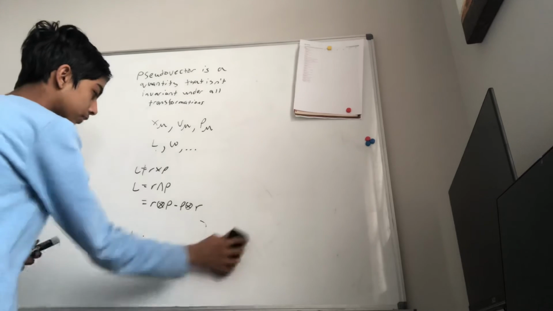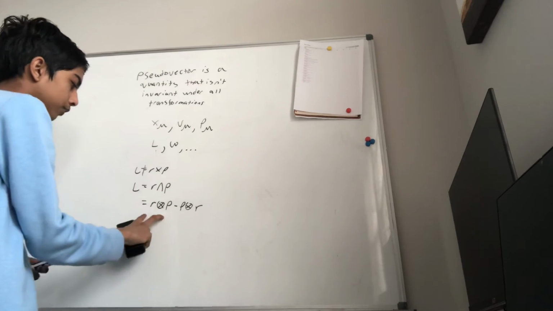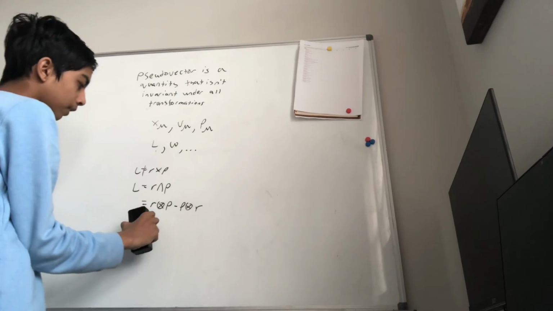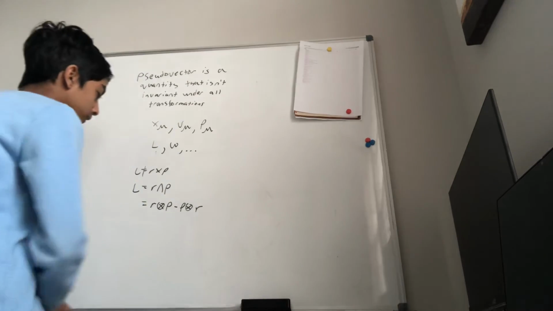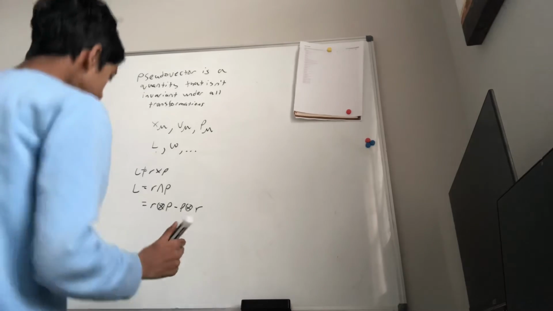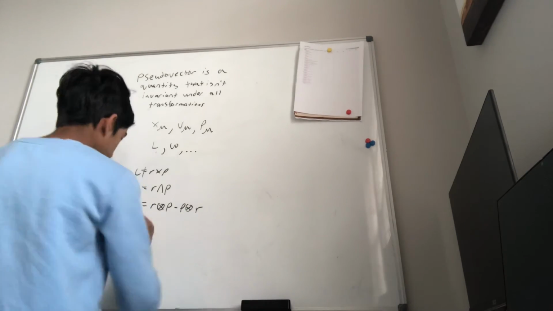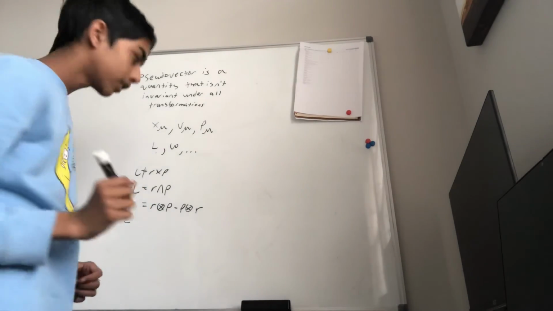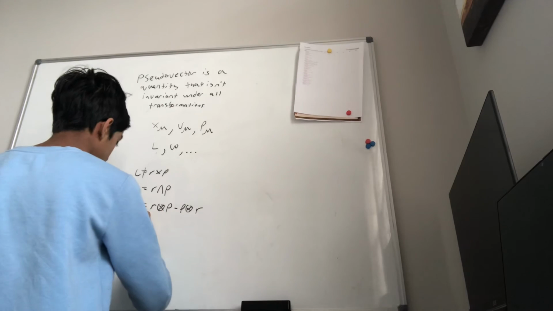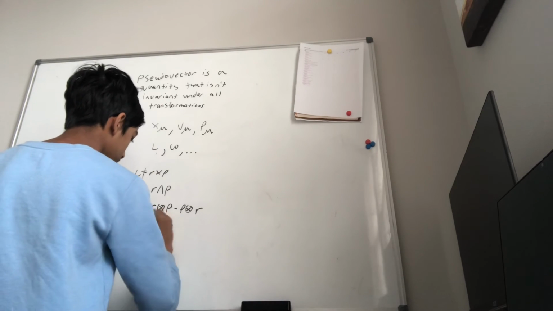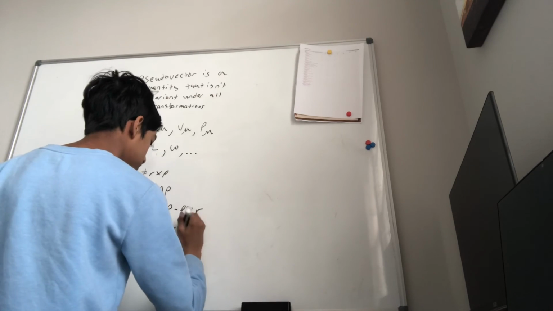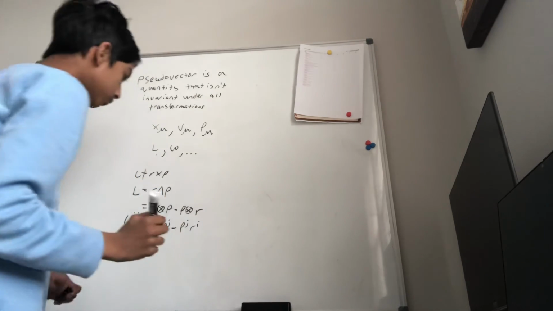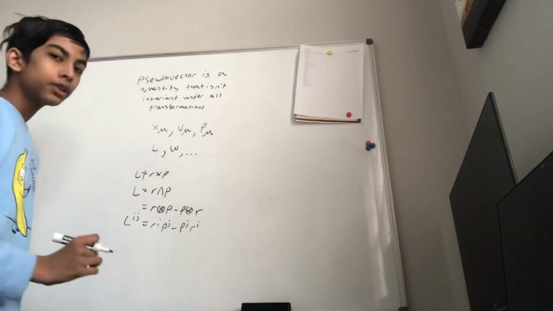And the wedge product is just the tensor product r tensor p minus p tensor r. Usually in index notation, let's say you're just working in 3 coordinates, for example, L ij is equal to r i p j minus p j r i.